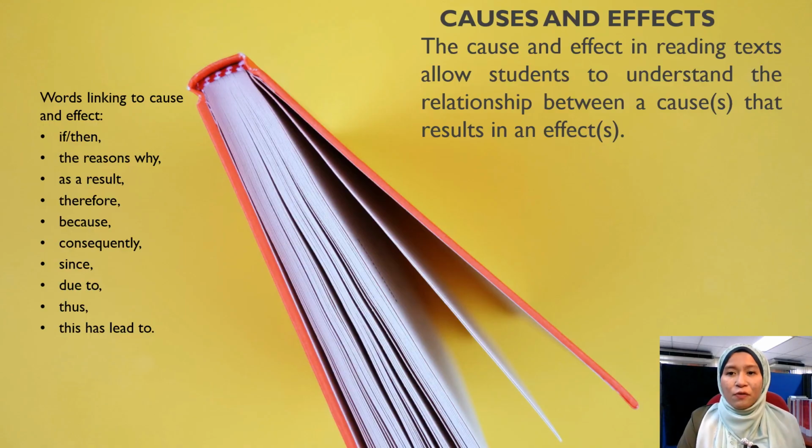The causes and effects in reading text allow students to understand the relationship between a cause that results in an effect. So when you are looking for information related to causes and effects, you will notice that there are linking words used by the writer to show the cause and effect.